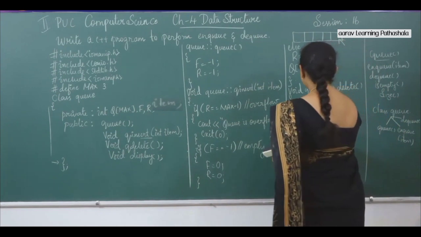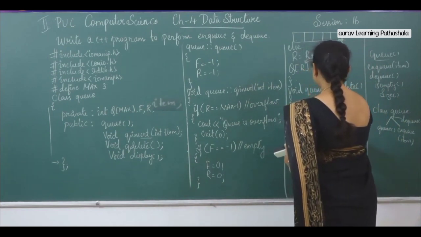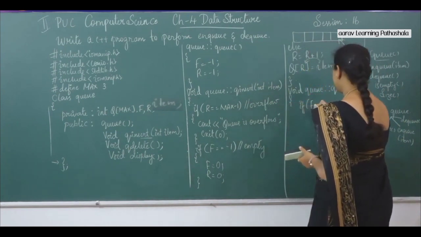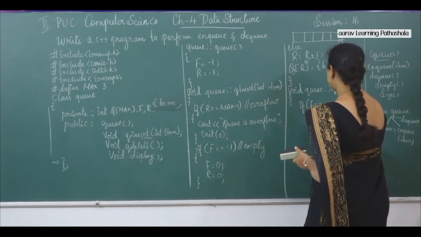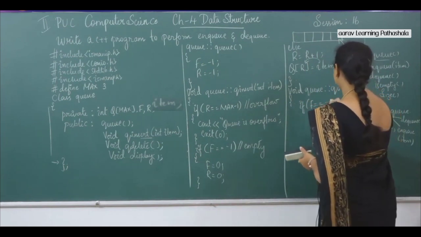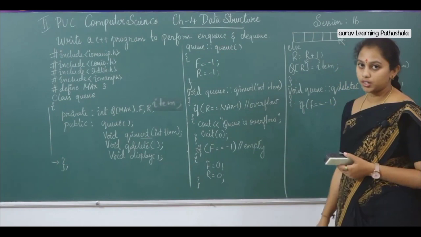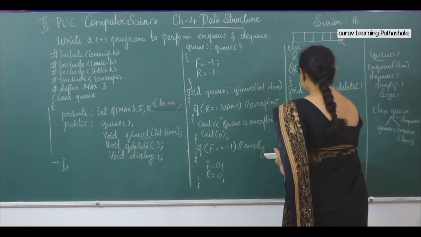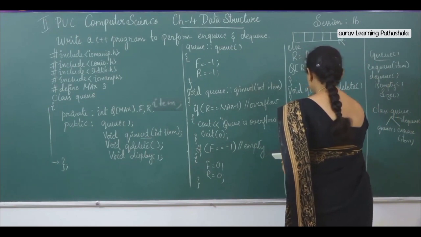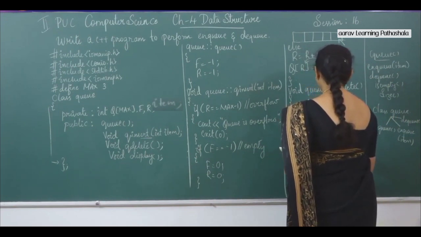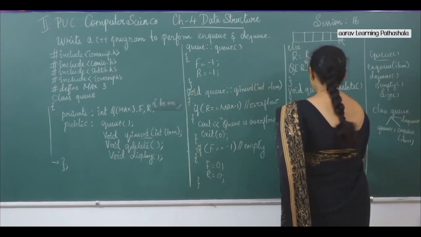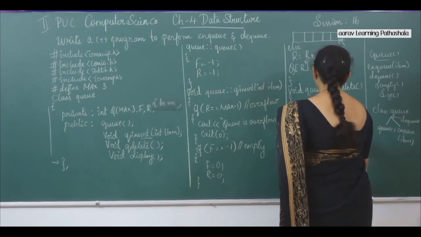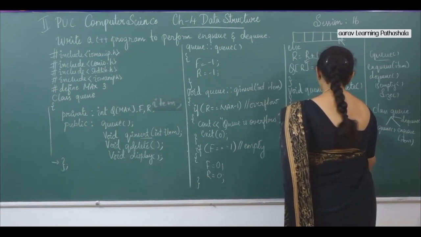So for that we have to check whether the queue is empty. If f, that is front pointer, is equal to -1 or null, we have to print it as queue is underflow.